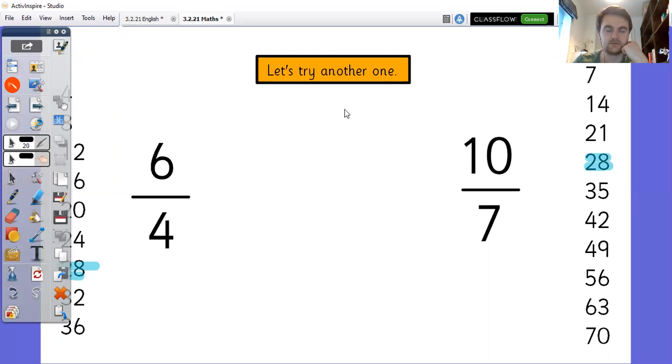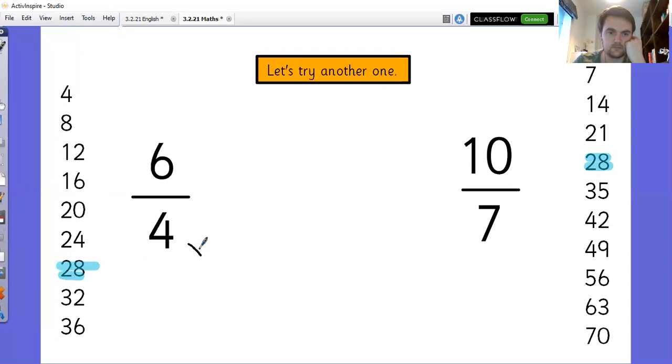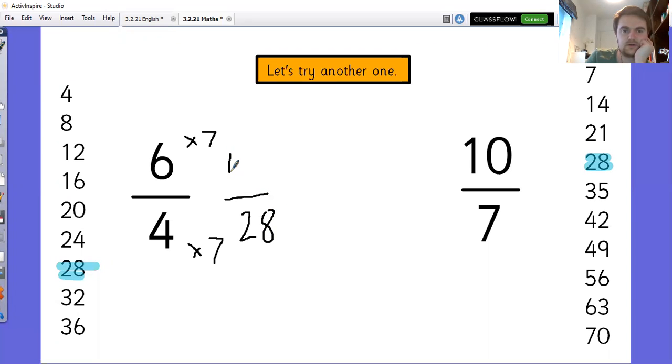On my left fraction, 6/4, to get from 4 to 28, I need to times by 7, which means that I need to do the same to the numerator. So I know that 4 times 7 is 28, 6 times 7 is 42. I am gradually getting better with this. So 42/28 is the equivalent fraction there.